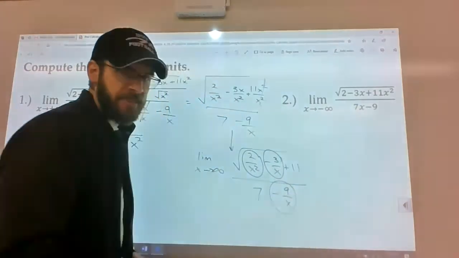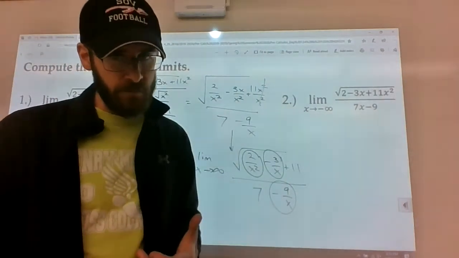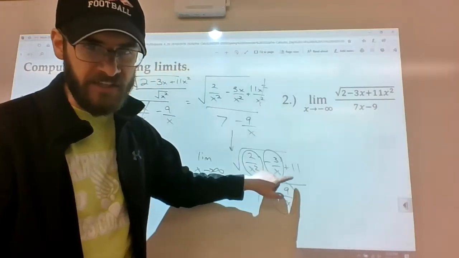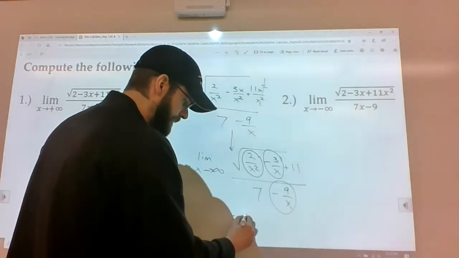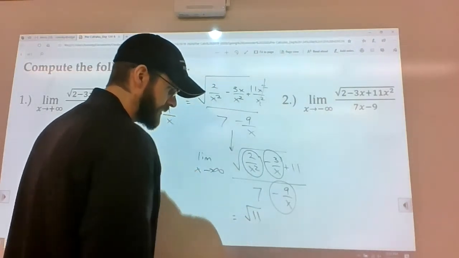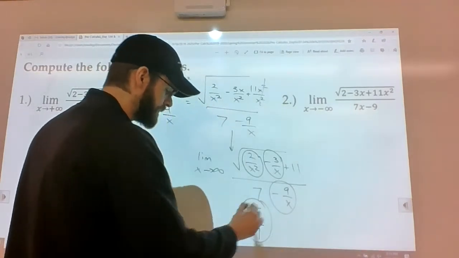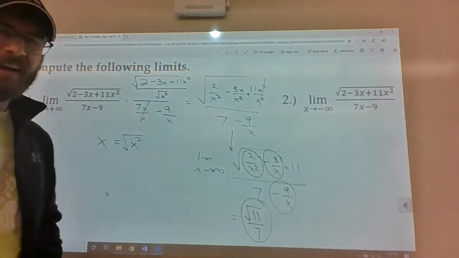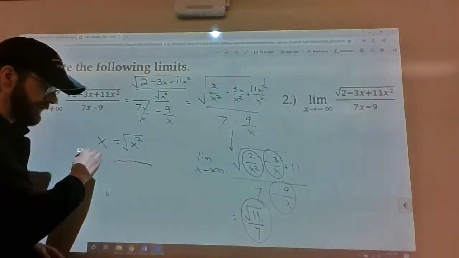On the bottom, that part right there will also zero out, leaving you with 0 minus 0 plus 11 underneath the root, divided by 7. Kind of tricky, but this is really the only trick you had to use.